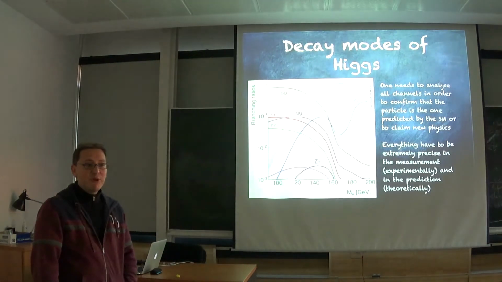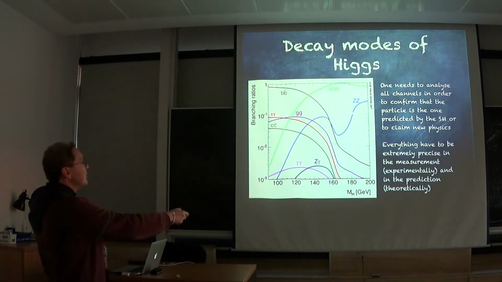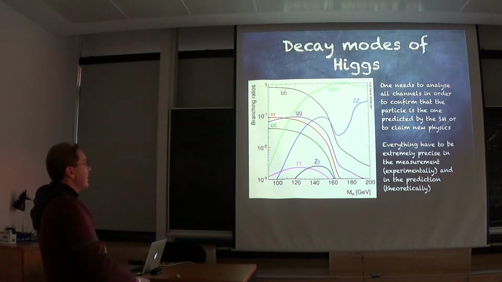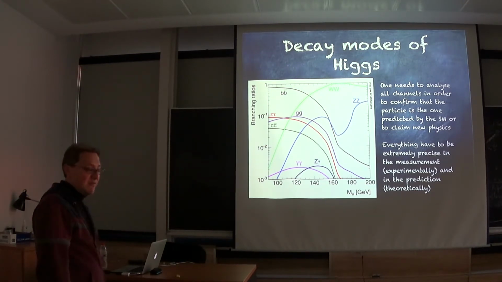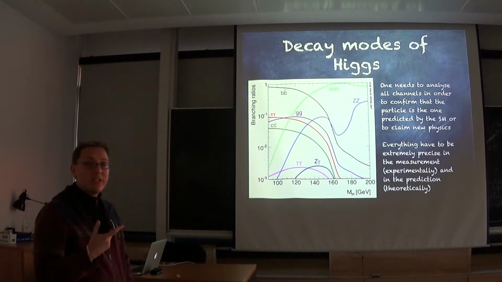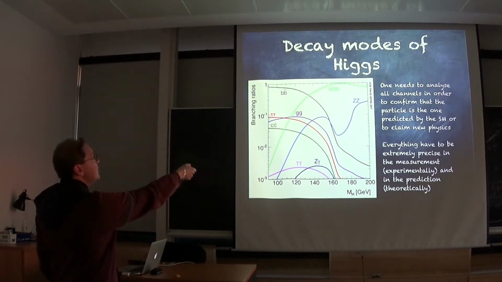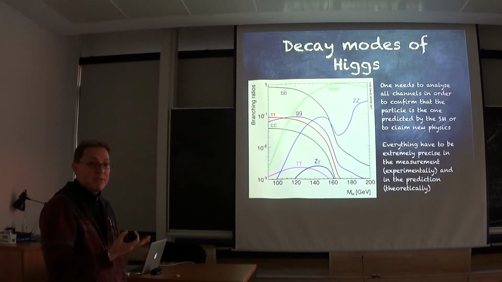So what are the decay modes of the Higgs? Maybe you all know: b bbar, WW, ZZ, gluon gluon, gamma gamma, etc. At the Tevatron, they have very good detectors for leptons. So when the W decays into a lepton and a neutrino, this is simple for them to look at.